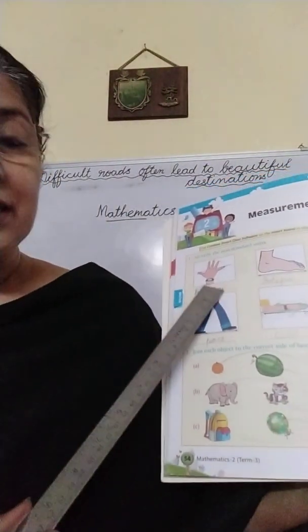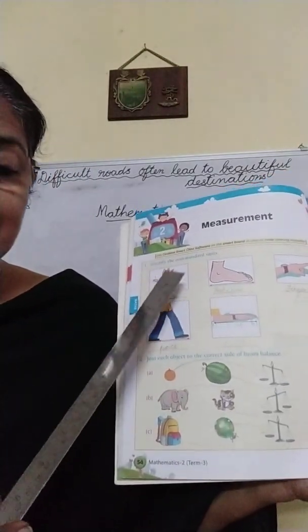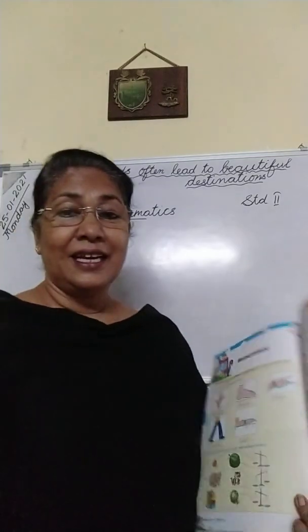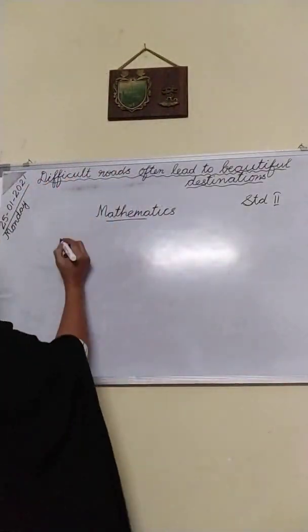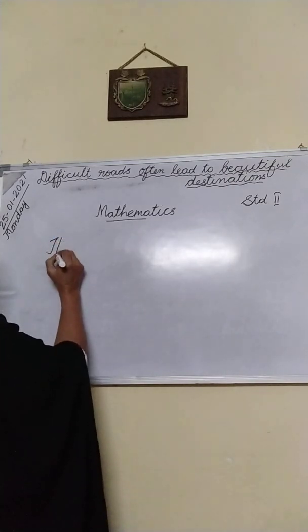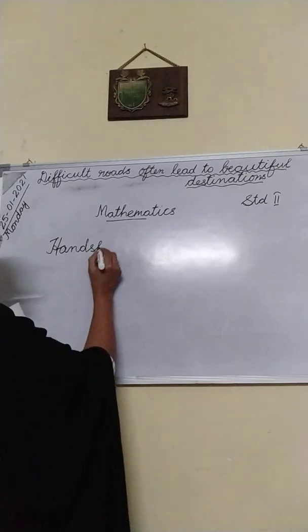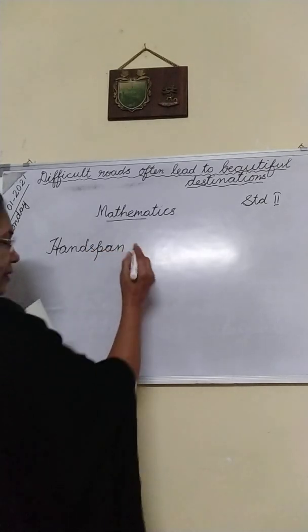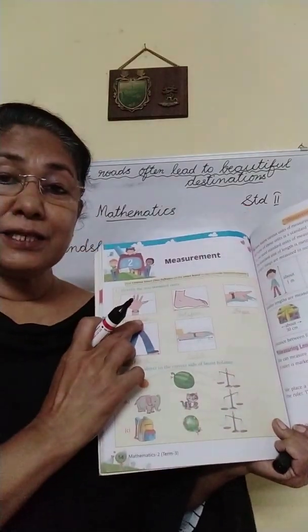What is this? This is the hand span. I'll write it here. Hand span. H-A-N-D, hand span. S-P-A-N. This is called the hand span. You write it here. Hand span.